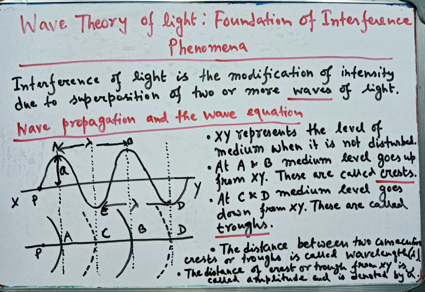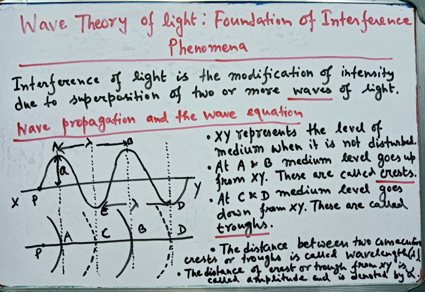So if the waves are going up, all the particles are going up. If the waves are going down, all the particles are going down. For a particular distance, all the water particles are vibrating in the same way, either in the upward direction or in the downward direction.